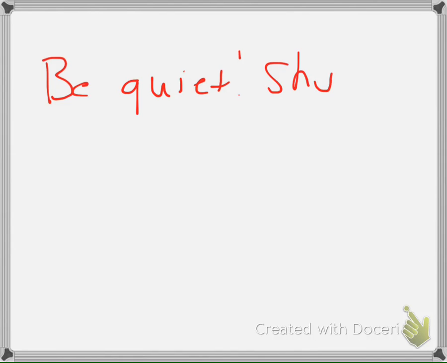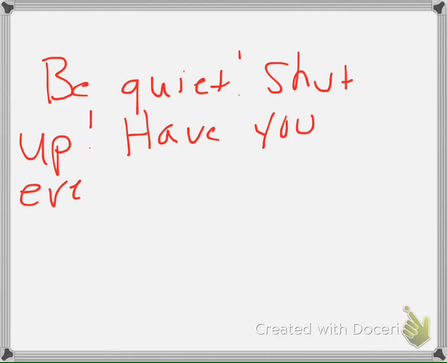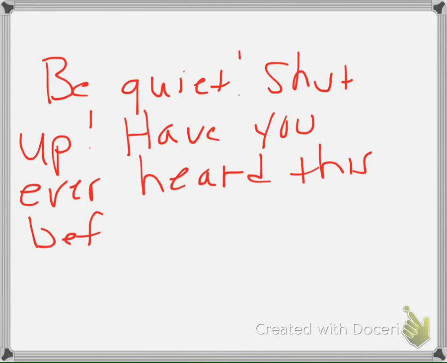All right, so let's try what this student actually wrote. What this student wrote for his transitional sentence was, be quiet. Shut up. Have you ever heard this before? But there is actually a problem I have with this.